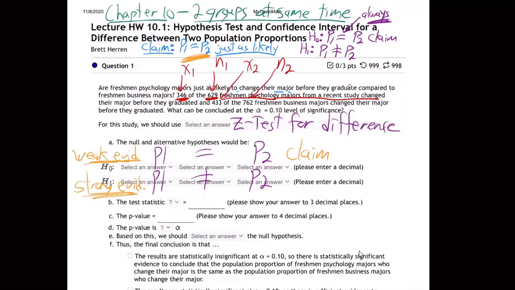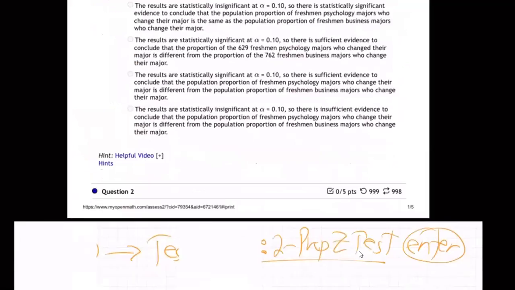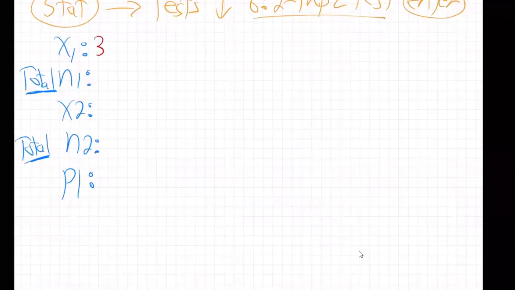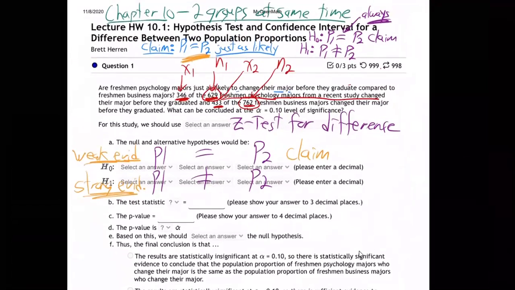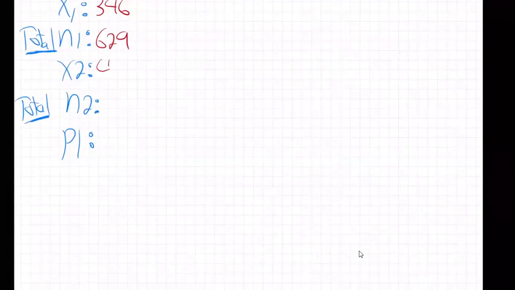Good, that making sense? X1, N1, X2, N2, because it's what out of what? 346 out of 629 and 433 out of 762. The N's are always the totals, notice. All right, let's go do it. 346, 629, and 433, 762.